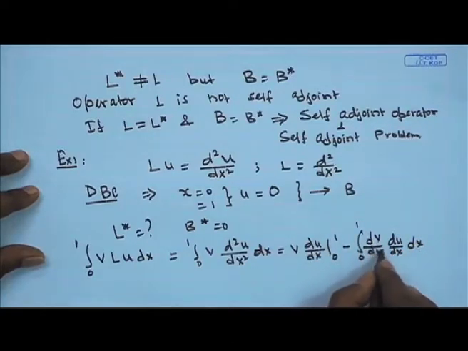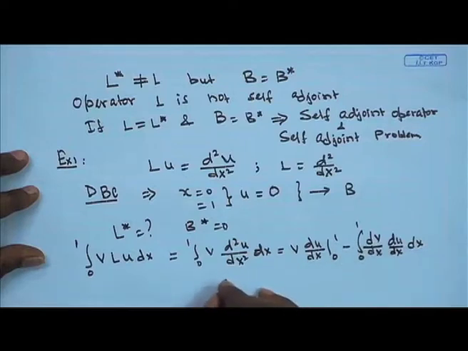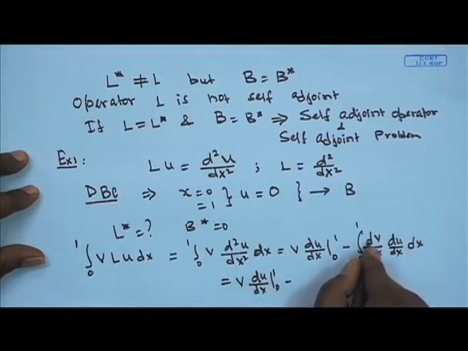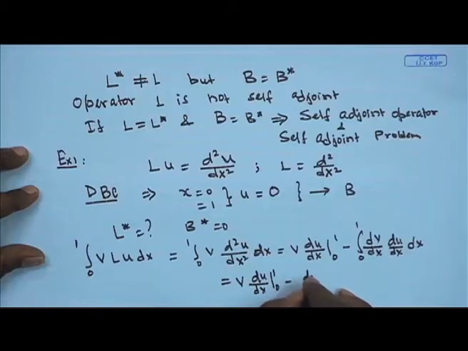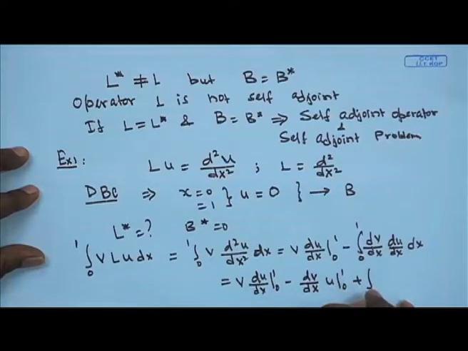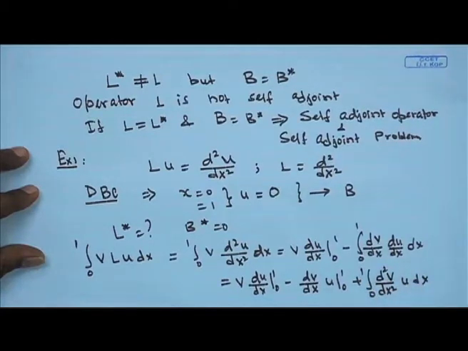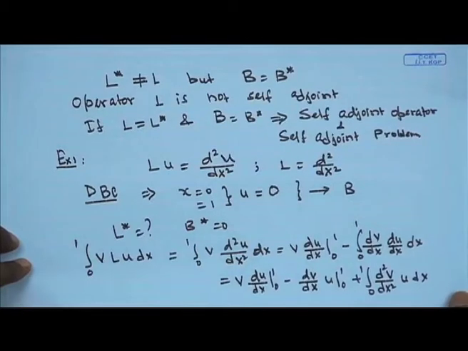Then again we do integration by parts here. So this becomes v du/dx from 0 to 1 minus first function dv/dx, integral of the second function u from 0 to 1, minus minus plus differential of the first function and integral of the second function. Okay. Now let us collect terms and see what we can do about it.